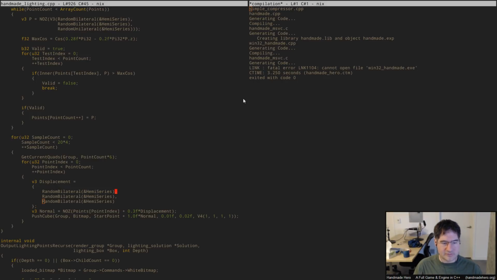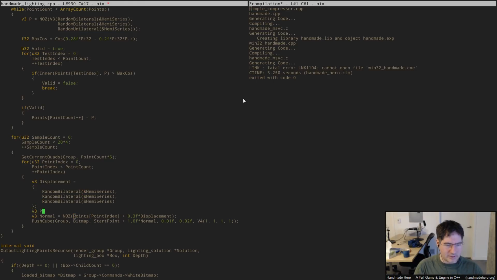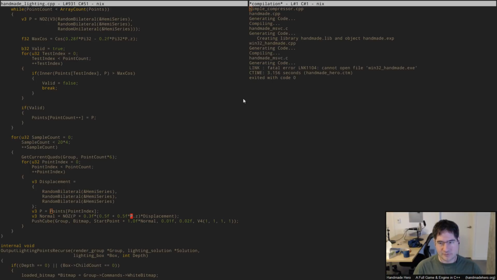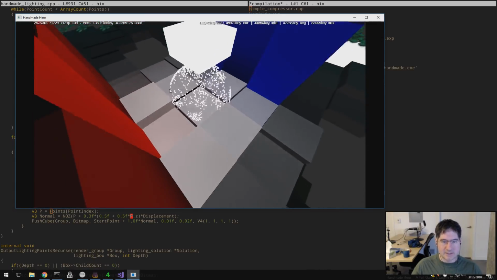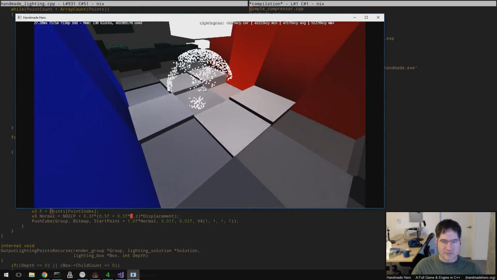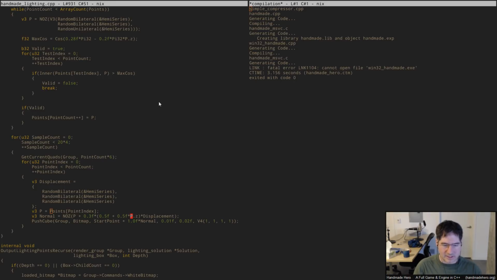What we could also look at here is that this spread wants to be based on the Z to a certain extent. So we want to do something probably more like this, where we have some sort of minimum displacement, and then we get some amount of displacement from the Z, so that things on top, which are supposed to be clustered closer together anyway, get less spread to their samples than ones that are further down, which maybe have to get more.